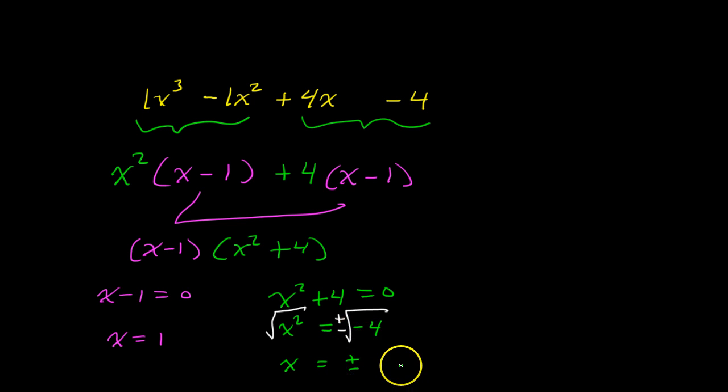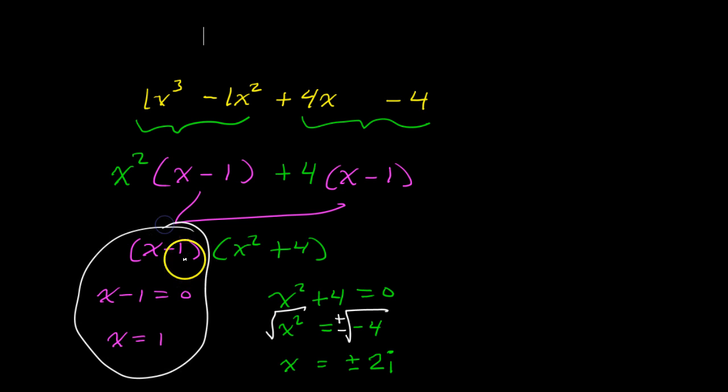Now that negative tells me when I have a negative under a radical, I will have i. So ignoring that for a moment, the square root of 4 is 2. So that means I will have plus or minus 2i. Now remember, this x minus 1 and x equals 1, we already saw that off the graph.